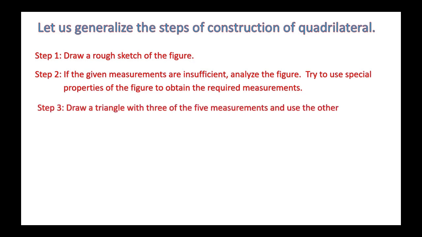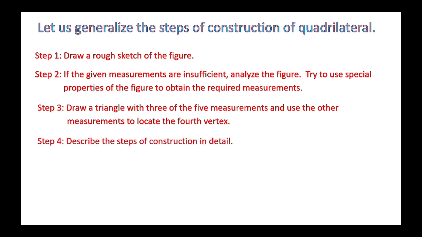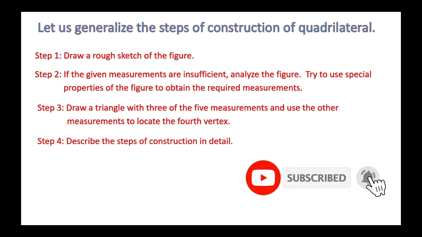Step 3, draw a triangle with 3 of the 5 measurements and use the other measurements to locate the fourth vertex. Step 4, describe the steps of construction in detail.